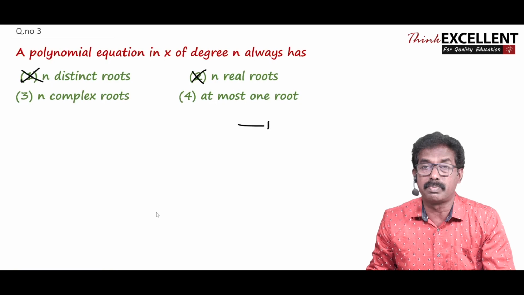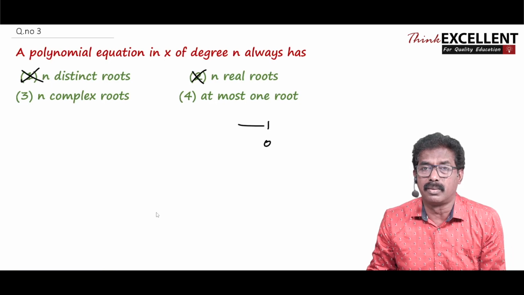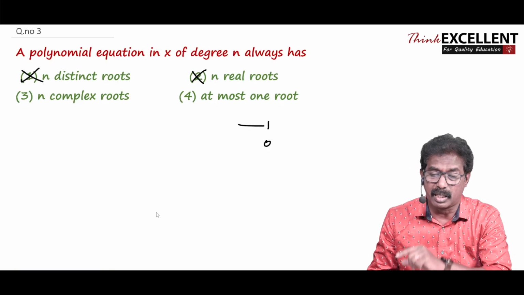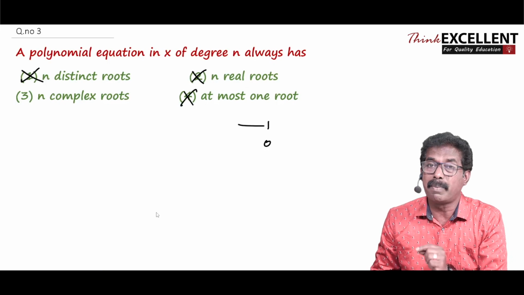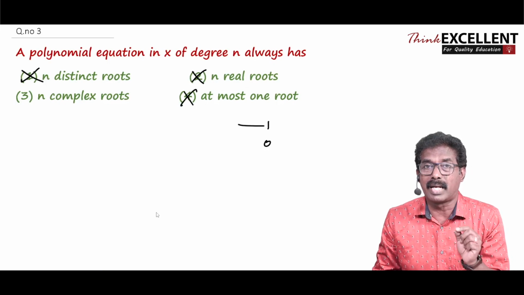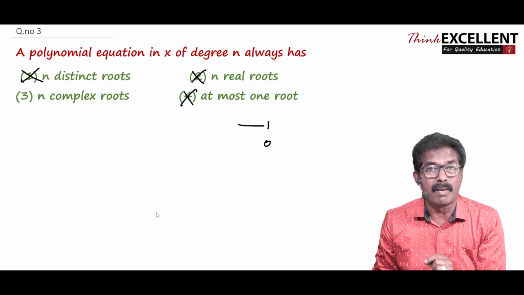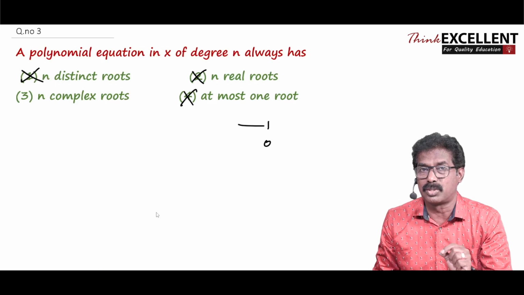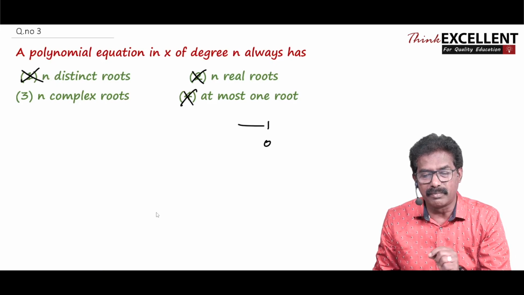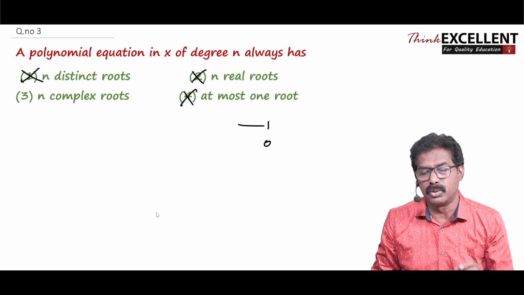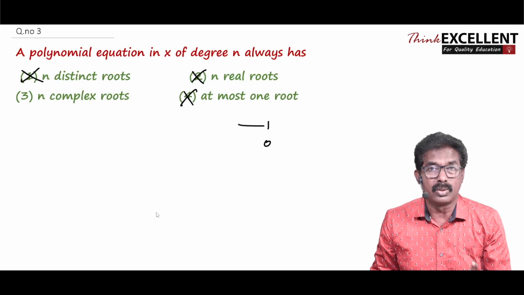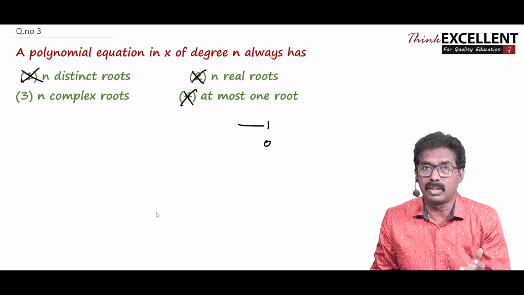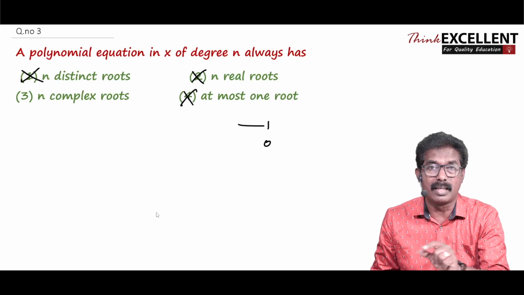At most one root means maximum one root, 1 or 0. That is not possible because there are n roots. So n complex roots. The only thing you have to understand is the actual meaning of complex number. It includes real numbers also. Real, imaginary, everything together is complex roots. You know, in Descartes' rule, you study positive real roots, negative real roots, whether 0 is a root or not, then imaginary.